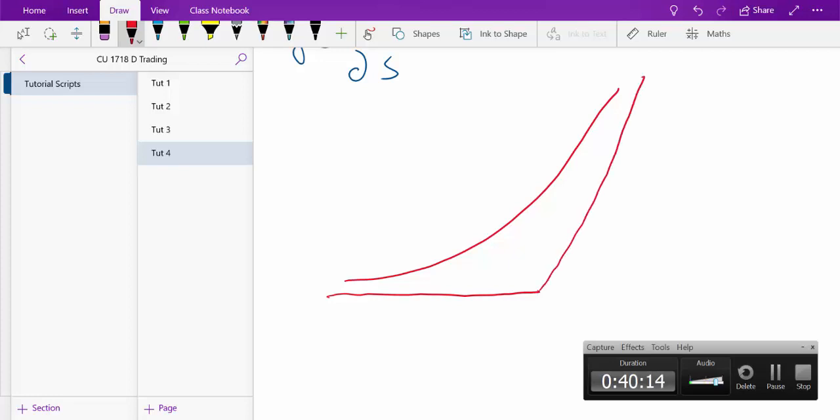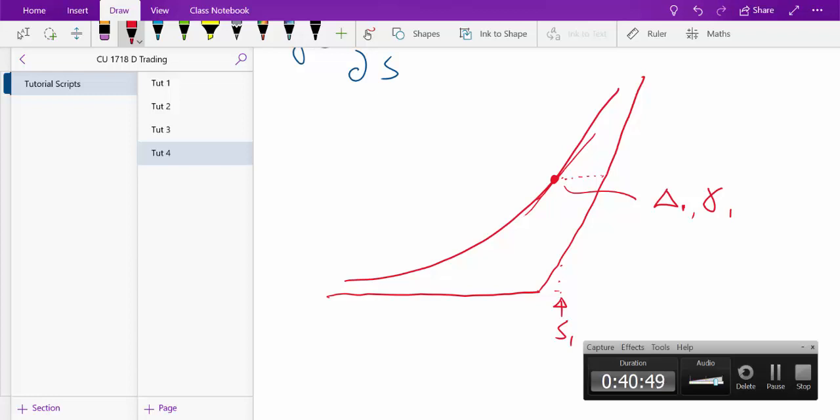So originally, the price was here, or the option price, because originally the spot price was somewhere here. And you know the delta at this point. In other words, you know what is the slope of this line. You know the delta here, and you also know the gamma here.